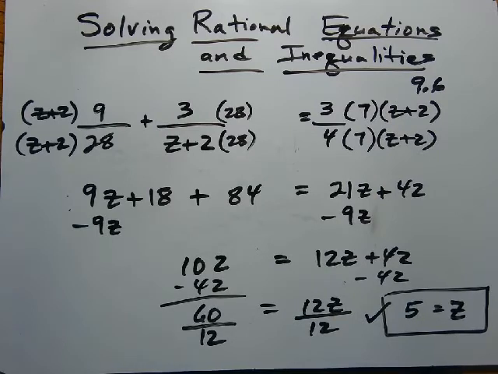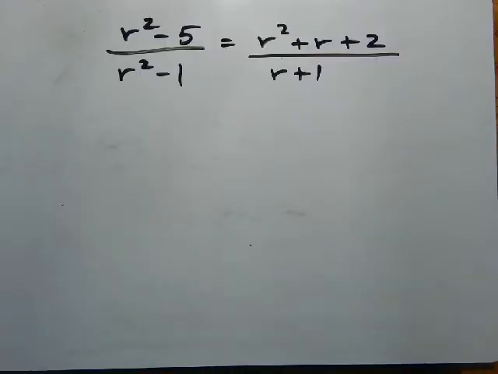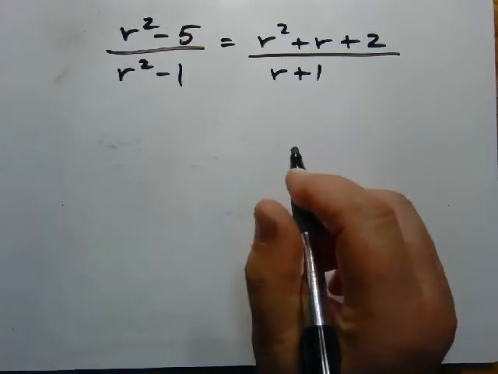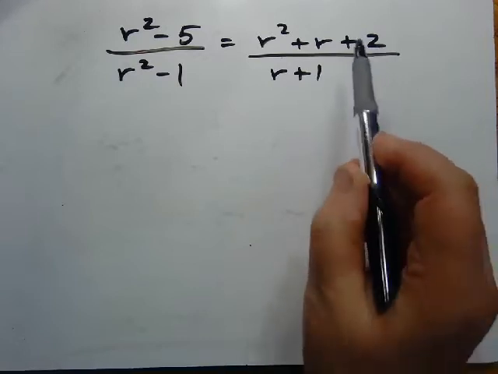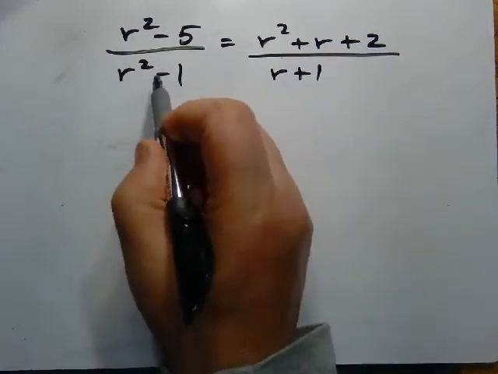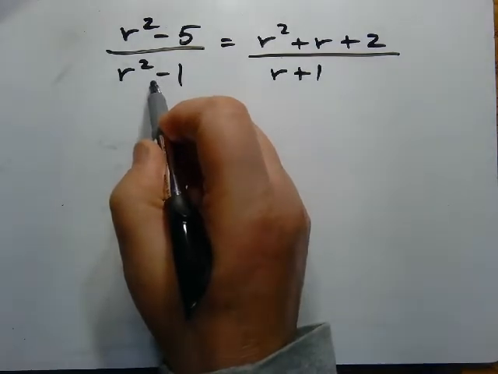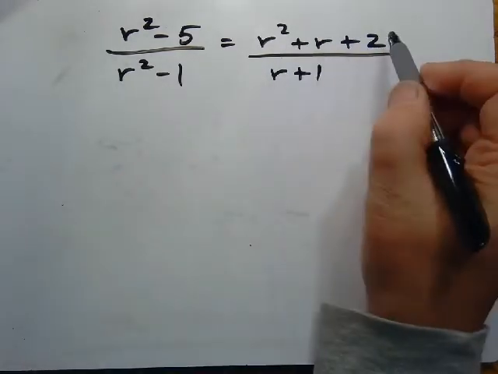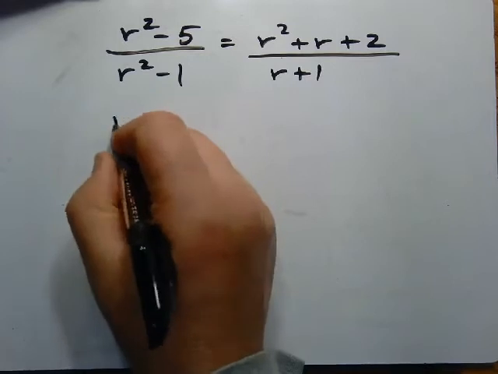Let's take a look at one with some subtraction signs. Before we deal with one that has subtraction signs, let's take a look at one where some factoring might be involved here. As I look at this problem, I notice that this can be factored on the bottom here, r squared minus 1, and I think this one on the top can be factored. So I'm going to rewrite the problem.